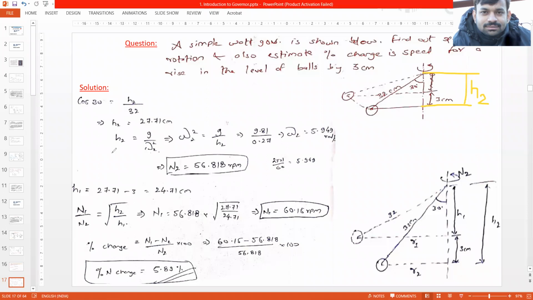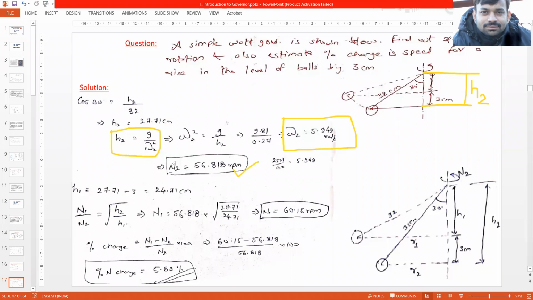So h2 is g upon omega 2 square. The value of g is 9.81. So omega 2 comes out to be 5.949 radians per second. Since omega is this much, n2 will come out to be 56.818 rpm.